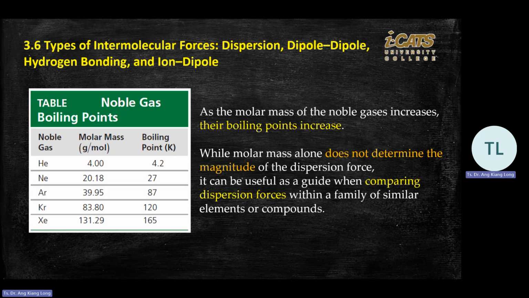So molar mass is only for comparing one to another in the same family. Again, why does boiling point increase? Because there's a pulling force to maintain the shape or the state of that particular element.